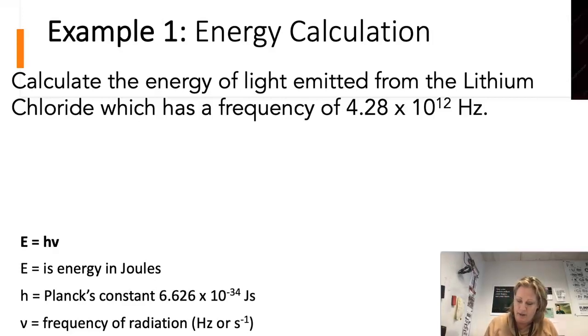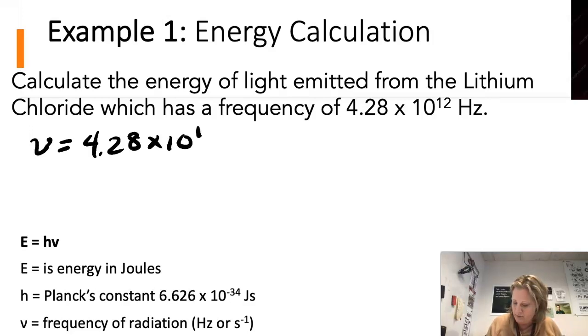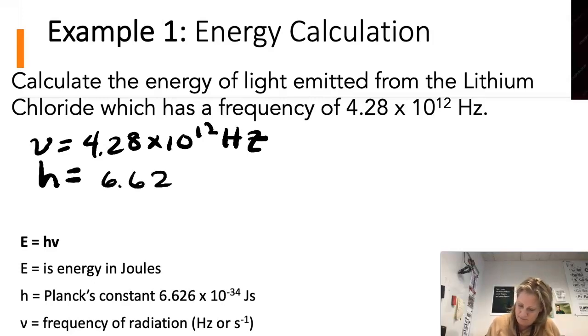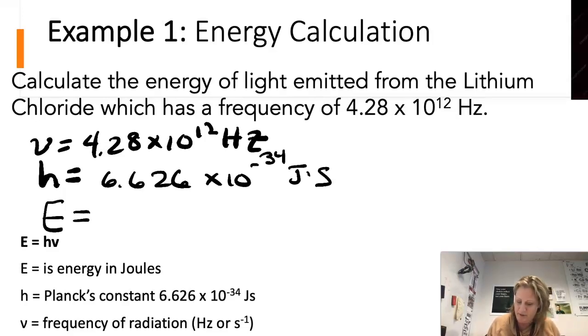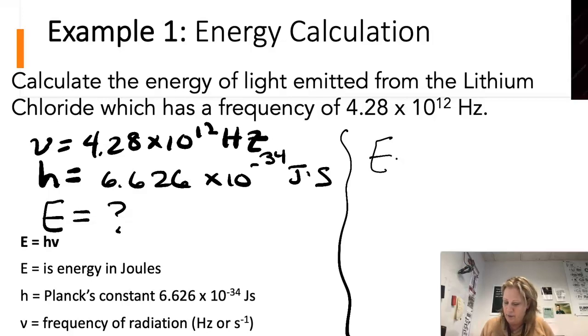So in the question, you can see that we're given the frequency, and we know Planck's constant. Our unknown is energy, so this one is just a straight plug in of the numbers.